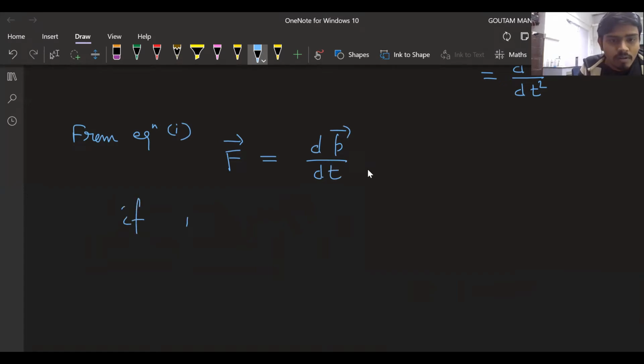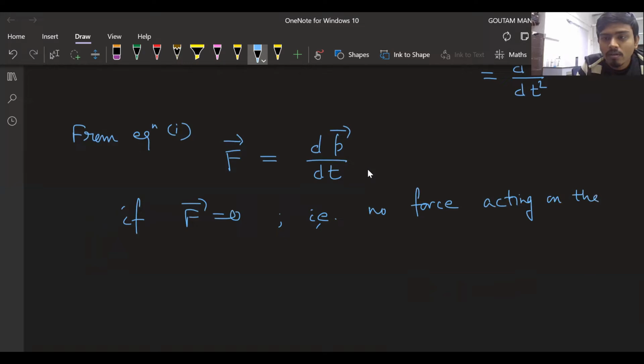If F is equal to 0, that is no force acting on the particle, then this p is constant.